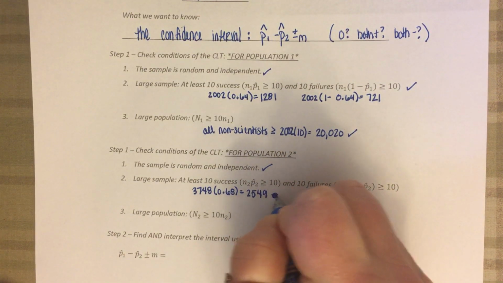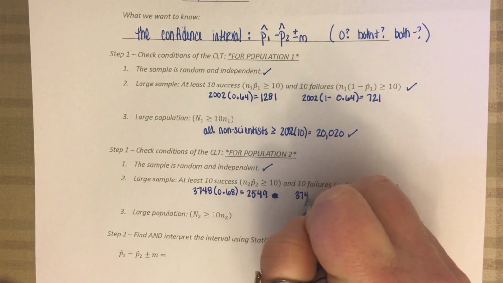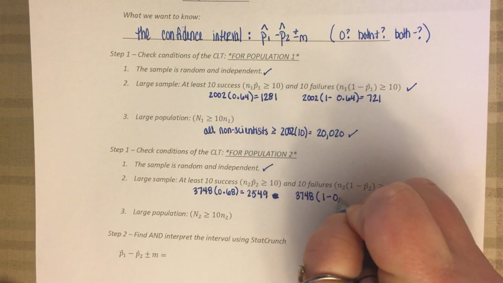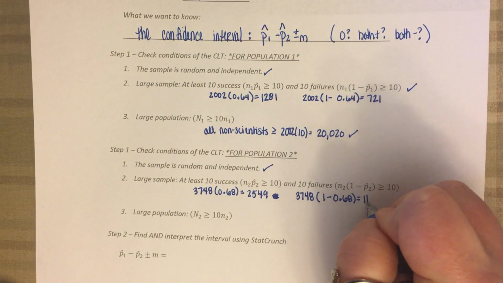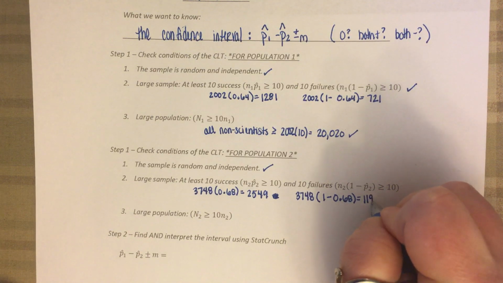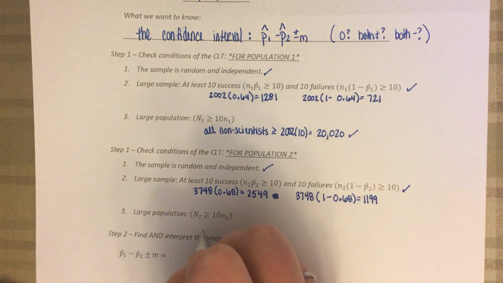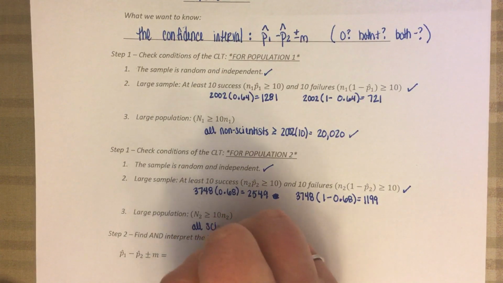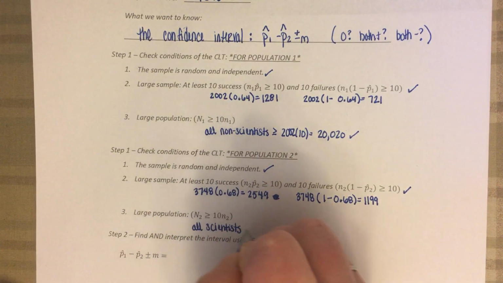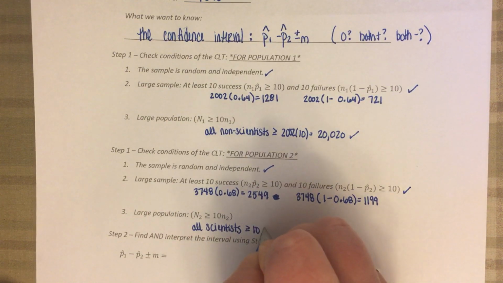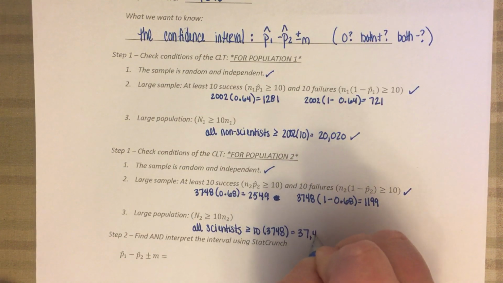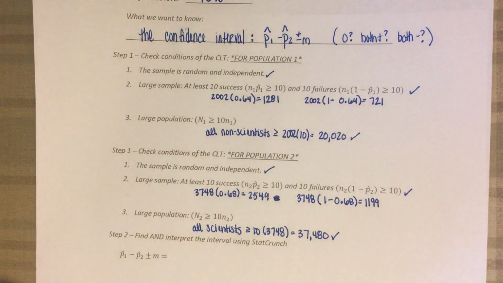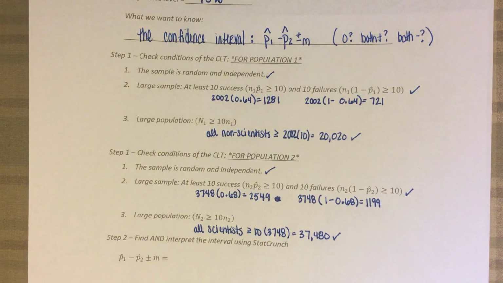And then we're going to take 3,748 times 1 minus 0.68, and that's going to give us 1,199. Both of those are larger than 10. All scientists, greater than or equal to 10 times 3,748, is 37,480. Yes, that condition also holds because there are more than 37,480 scientists in the United States.